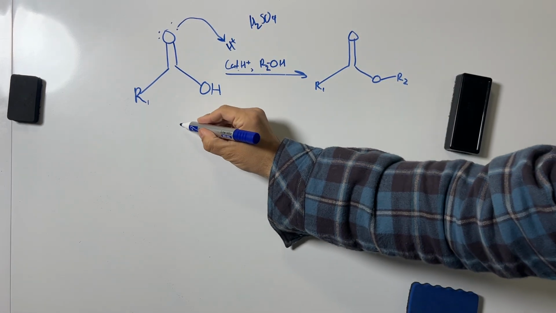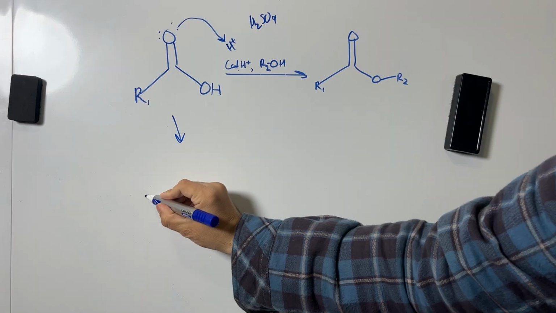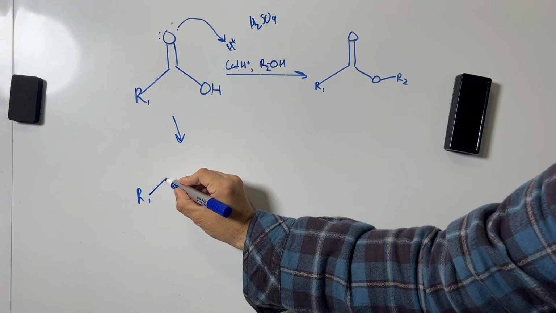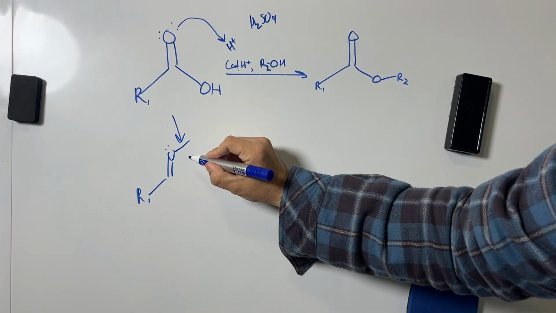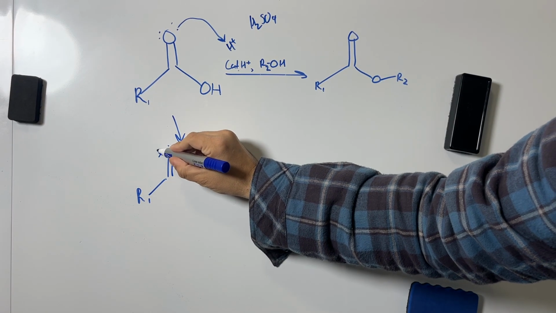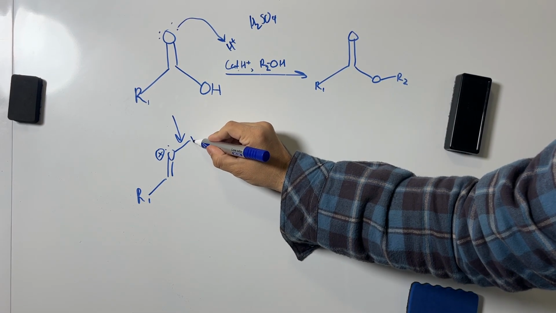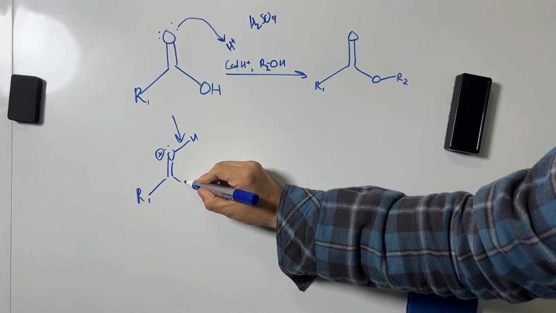That's the first thing that happens. So we come down here and our carbonyl is now protonated on that oxygen, meaning the oxygen has a positive charge, and the oxygen absolutely does not like that in the slightest.